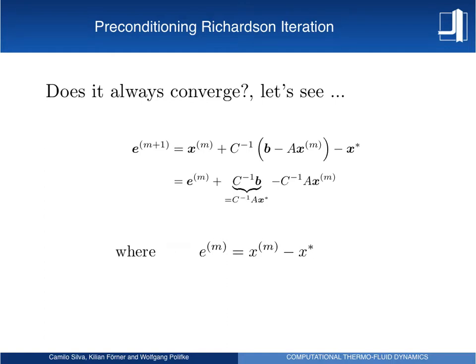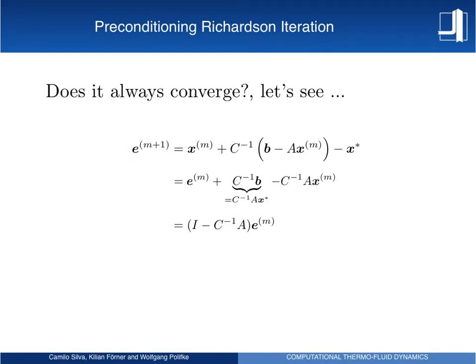Then we just perform the operations in here, and we obtain this. So just be aware that x_m minus x star is error m here, and this is nothing but this. So basically we can just relate the error at step m with the error at step m plus 1.